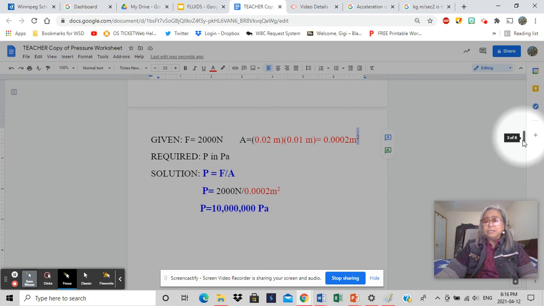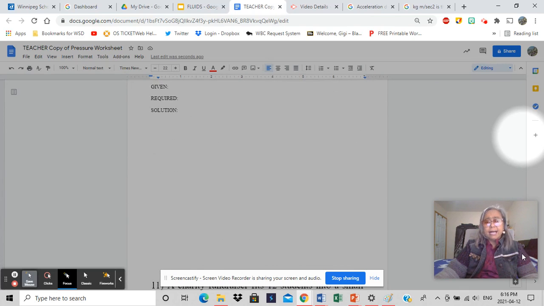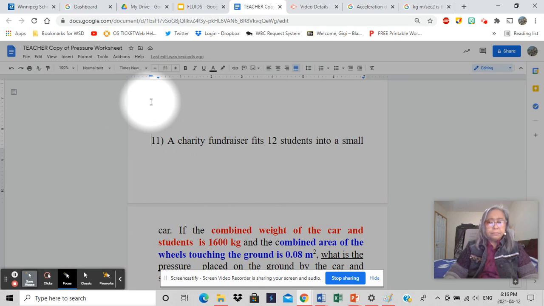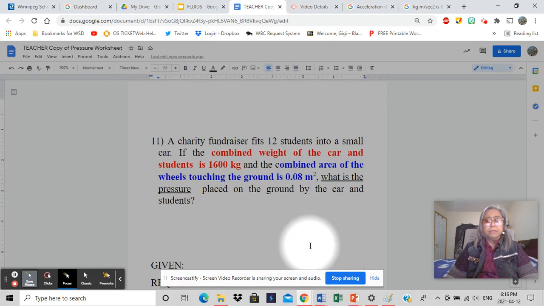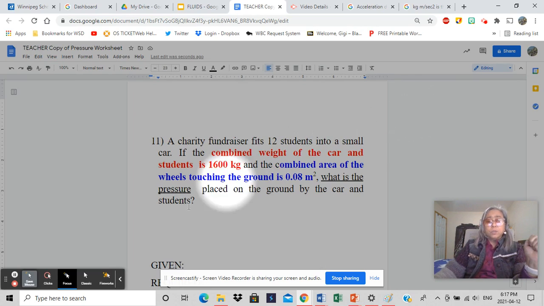Now, you were asked to do the rest of the problems, but interestingly, I would want to go for the last problem that we have here, because you might notice that we have a different unit here, which is now kilogram. Remember that before, force is usually in Newton or N, pressure would be in Pascal, A commonly would be meter or meter squared. So let's try and deal with this problem that we have here.